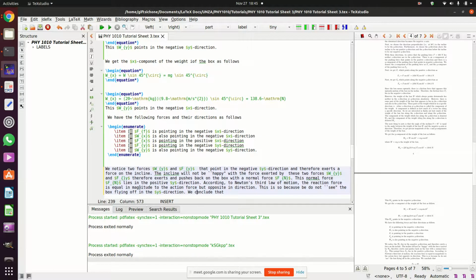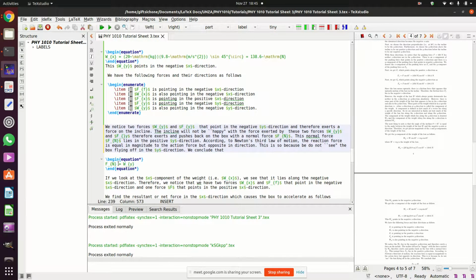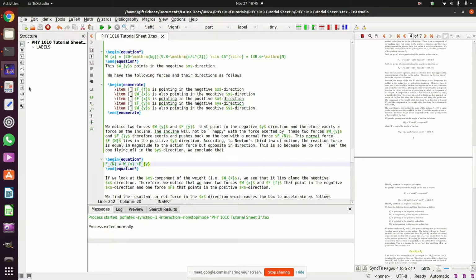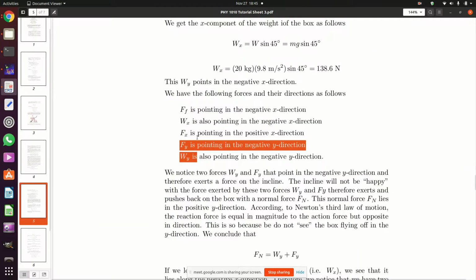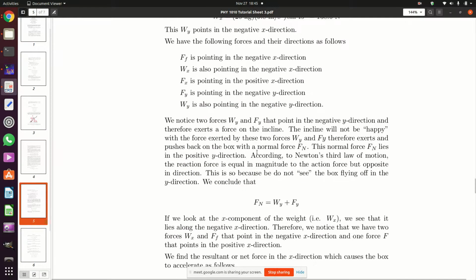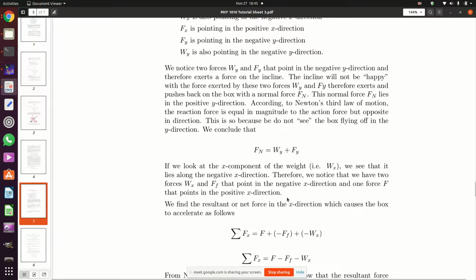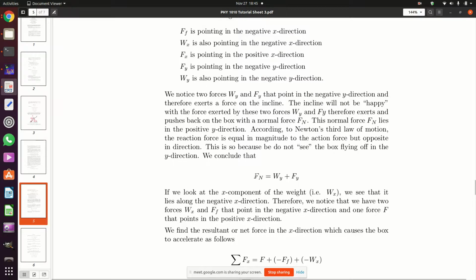So we conclude that the normal force is equal to the two forces which are acting in the negative y direction. Is this clear? This is the conclusion we make. Are we clear here about this?